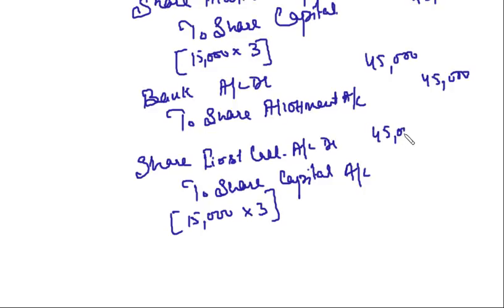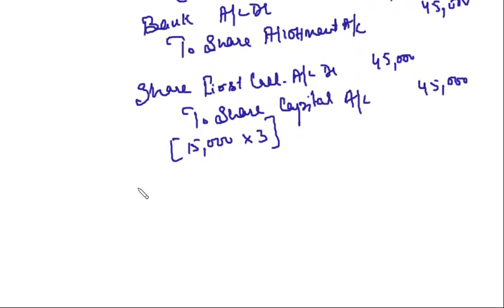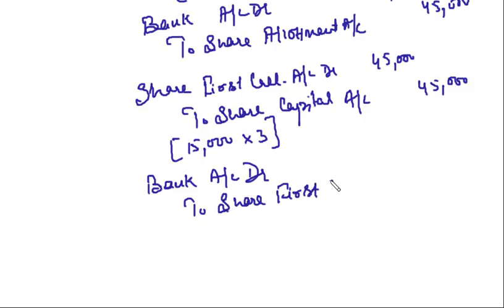Again 45,000 and 45,000. Then say you have received the first call also. Your journal entry will be bank account debit to share first call account. How much? 45,000. Clear, friends?